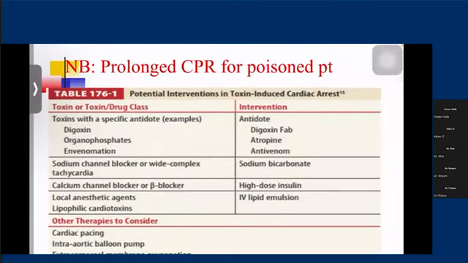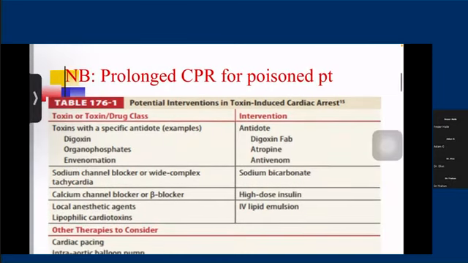Regarding resuscitation of a patient who presents in arrest, we have to prolong our cardiopulmonary resuscitation, because, as I said, epidemiologically most patients who present with poisoning are aged 20 to 40, but in our setup most are usually younger.